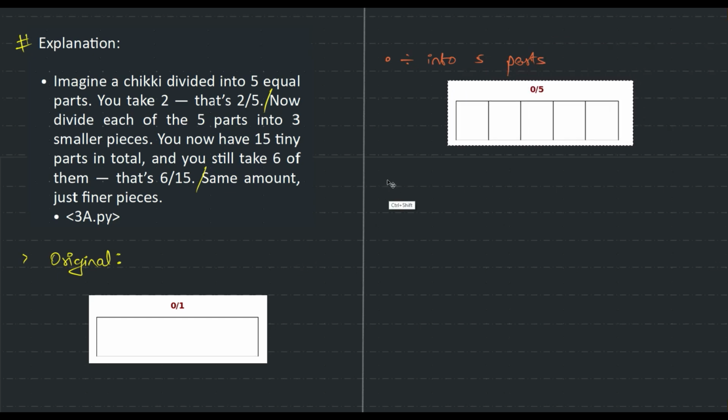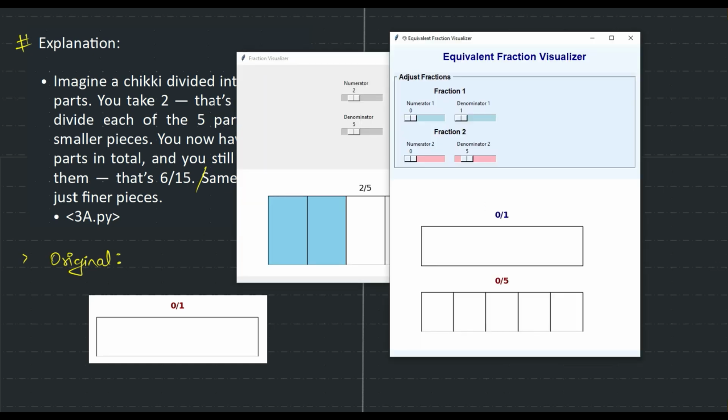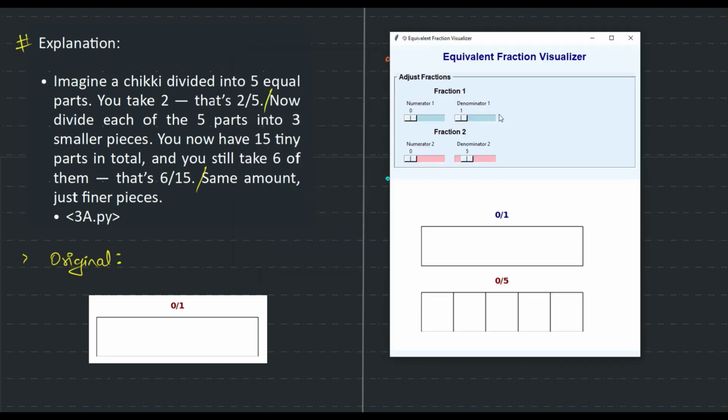Now you got 2 pieces. Not this, this is what we're dealing with, 2 pieces. So let me select 2 for you guys.